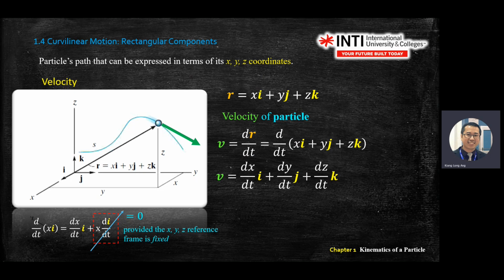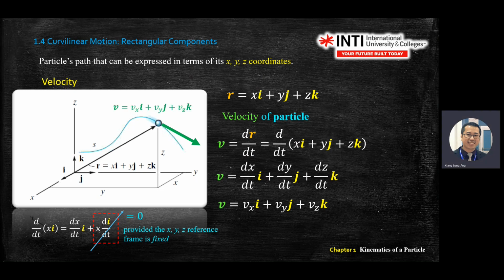If you do the differentiation, this is a long calculation, but you take out the second component for k, and you arrive at this one. So you can write v equals vx i plus vy j plus vz k. Differentiating x by t is the change of position, which is also velocity. Right, velocity in x, velocity in y.